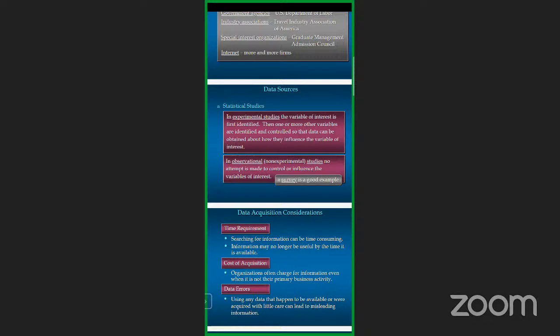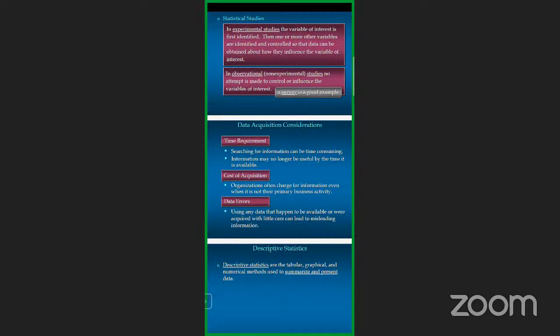Then the data errors. Using any data that happens to be available, or was acquired with little care, can lead to misleading information. That is the data errors. Any changes you make in the data make it a data error. So the actual data, whatever is there, is used to find things for future reference purpose.